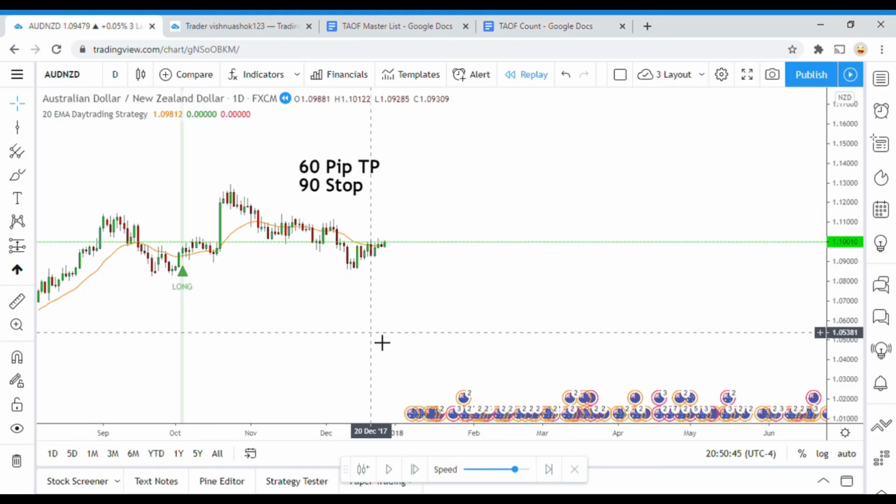Alright, as I said, today's indicator is the 20 EMA Day Trading Strategy Indicator. It is a TradingView member created indicator, and so there will be the link down below in the description to this indicator. It is a 20 EMA.